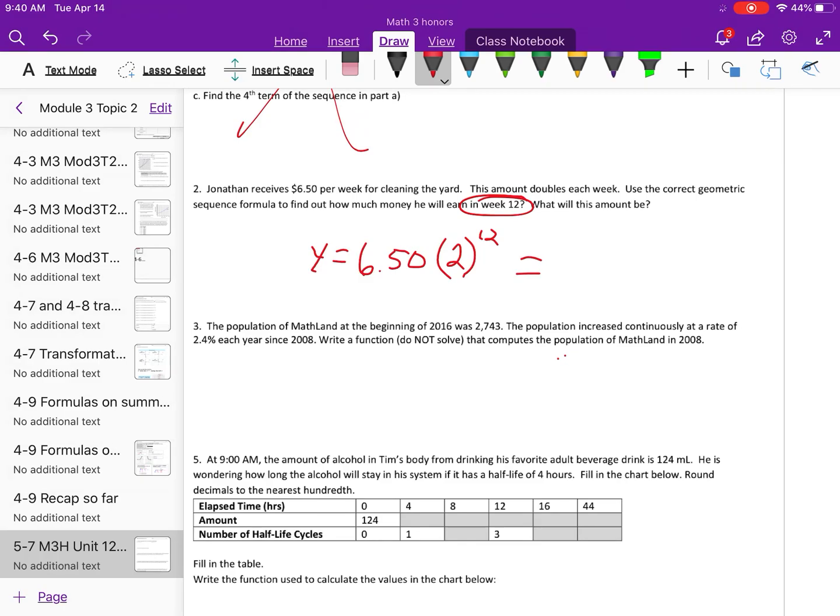It should be a relatively large amount. 6.5 times 2 raised to the 12th power should give you $26,624.